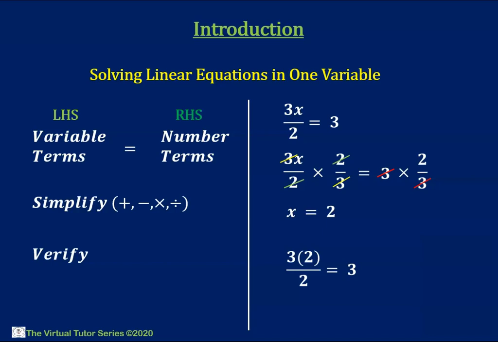Therefore, we have 3 is equal to 3. Thus, 2 is the solution of the equation 3x over 2 is equal to 3.